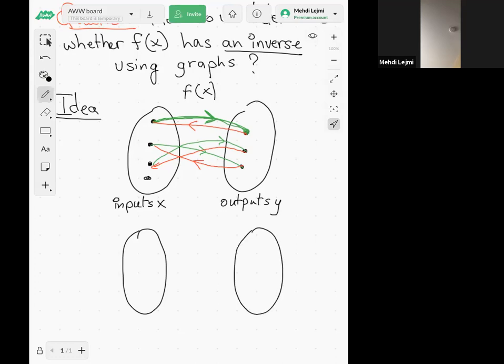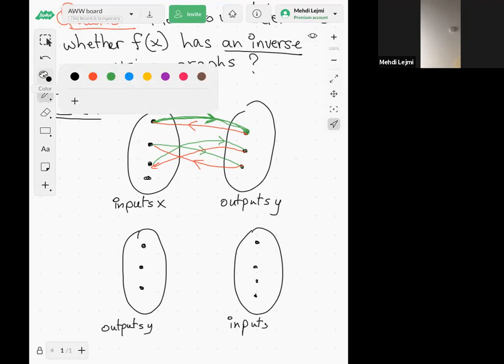I have 3 points here. This is supposed to be my outputs Y, and this is my inputs X. I have 4 points here, and I have my red arrows now. This point is going to go to this one. The second point goes to the third one.